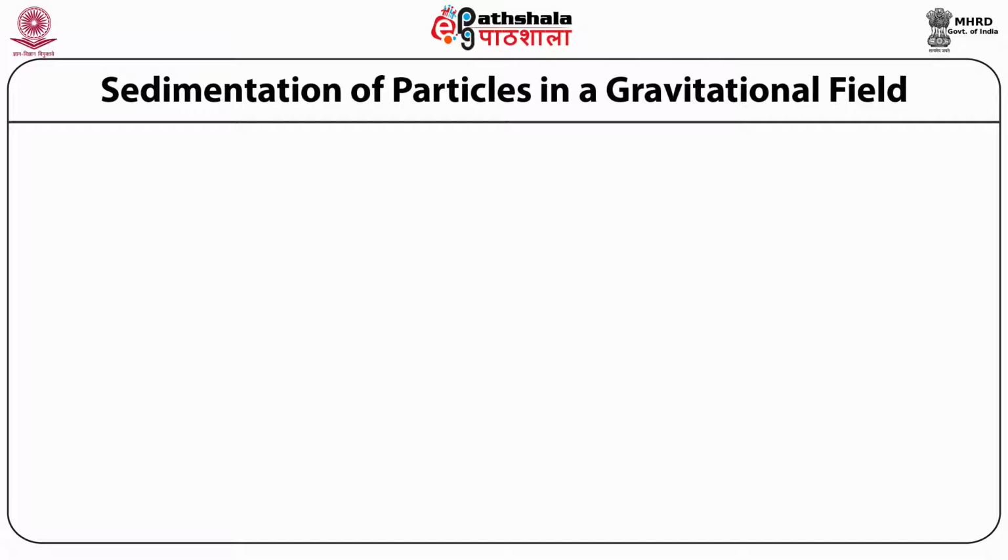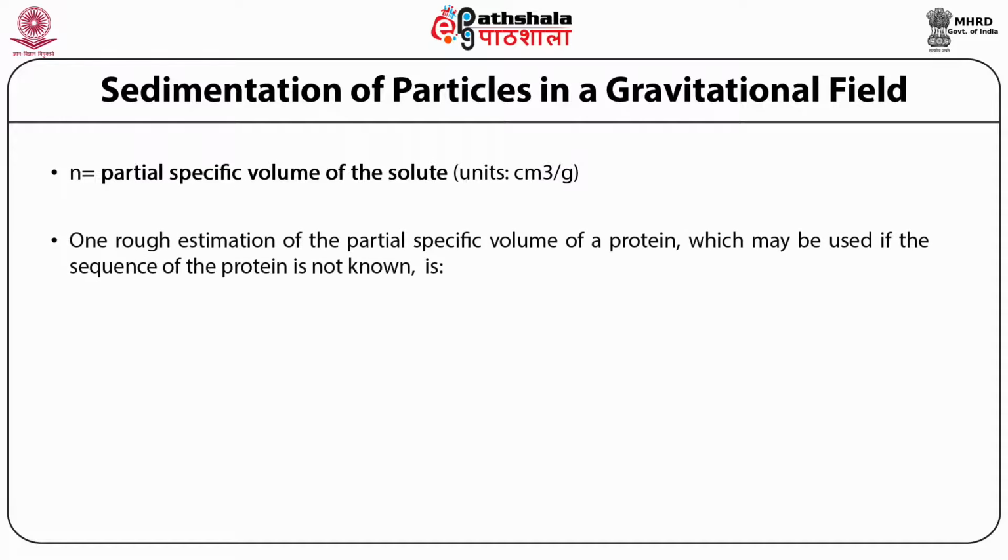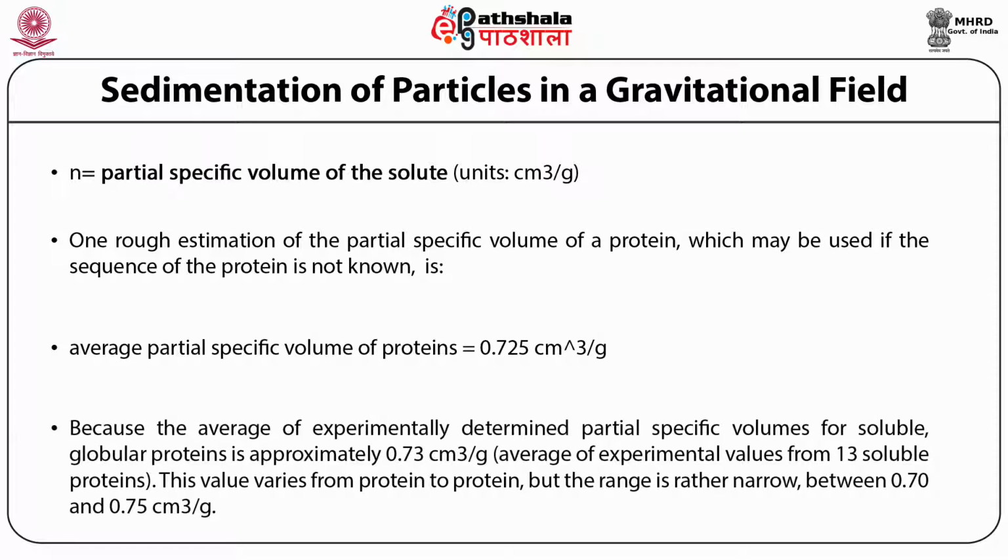So, here I am giving you one example for the calculation of partial specific volume of a solute. For example, one rough estimation of partial specific volume of a protein, which may be used if the sequence of the protein is not known. The average partial specific volume of a protein is 0.725 centimeter cube per gram, because the average of experimentally determined partial specific volume for soluble globular proteins is approximately 0.73 centimeter cube per gram.